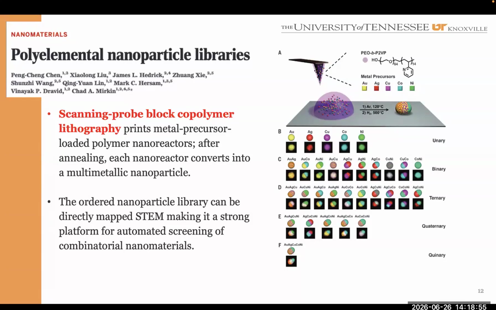So we probably need to mention the multiple works of Chad Mirkin's group, where they created a family of approaches. In this case, they created, by a method called scanning probe block copolymer lithography, a small polymer nanoreactor, which allows you to create a nanoparticle and encode up to several dimensions.